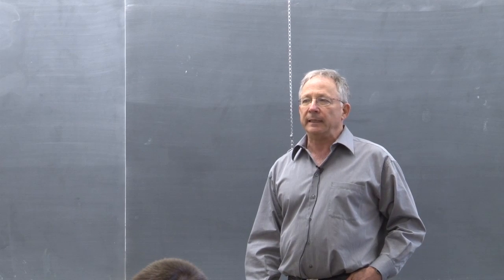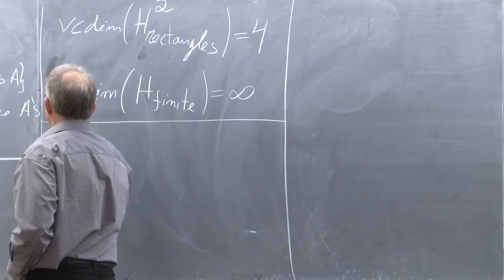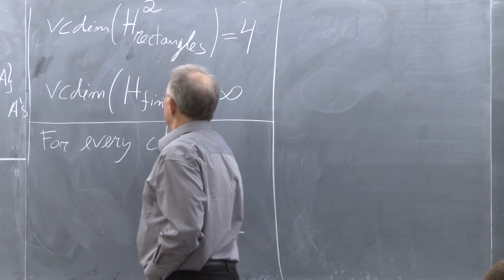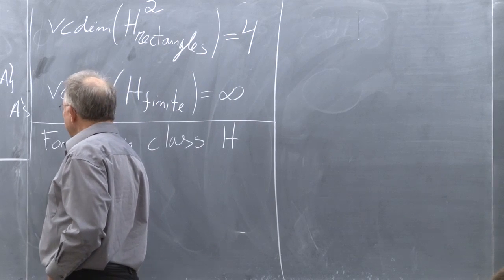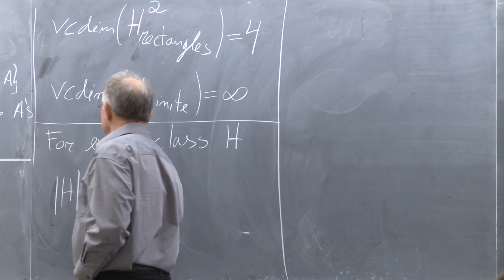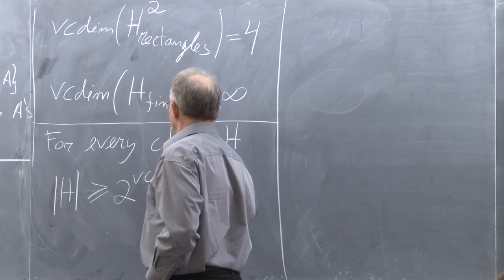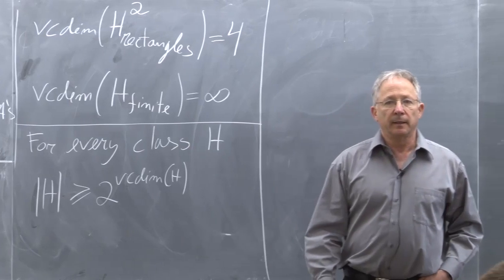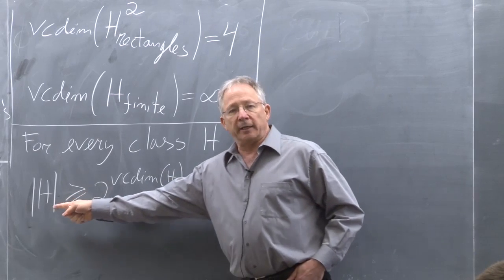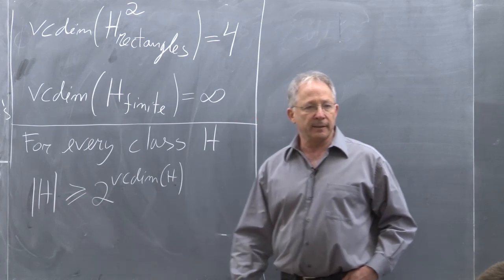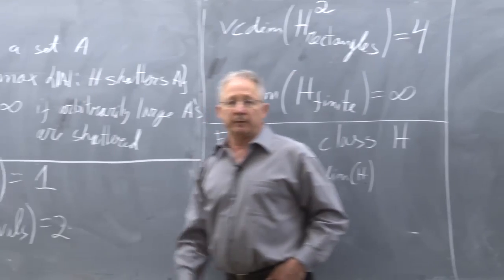I showed you one inequality regarding the VC dimension, and that was that for every class H, the size of H is always at least 2 to the VC dimension of H. So if I want to have a big VC dimension, I need a large H. The reason is that if I have a big VC dimension, it means that I have a big set A which is shattered.